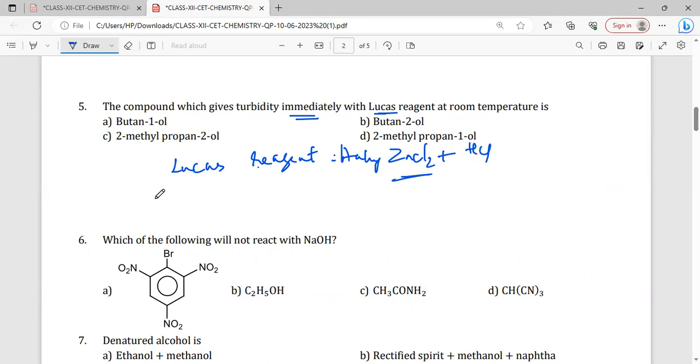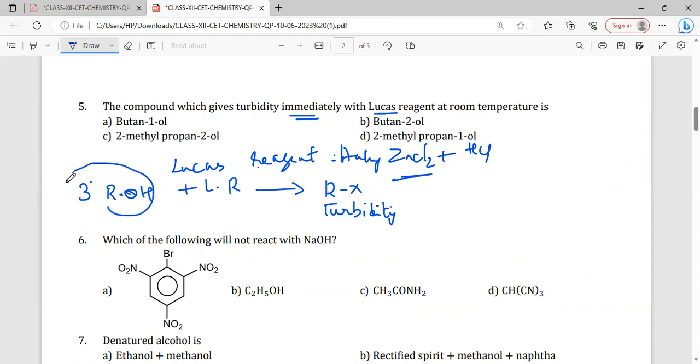And when we add Lucas reagent to tertiary alcohol, we'll be getting an alkyl halide. And as soon as alkyl halide forms, the turbidity appears, right? Since tertiary alcohols are highly reactive, they will show turbidity immediately, unlike the other alcohols.